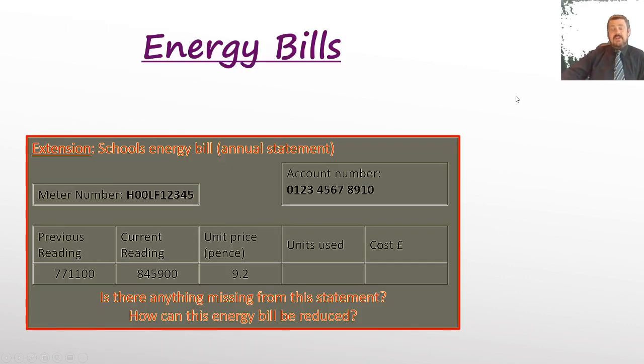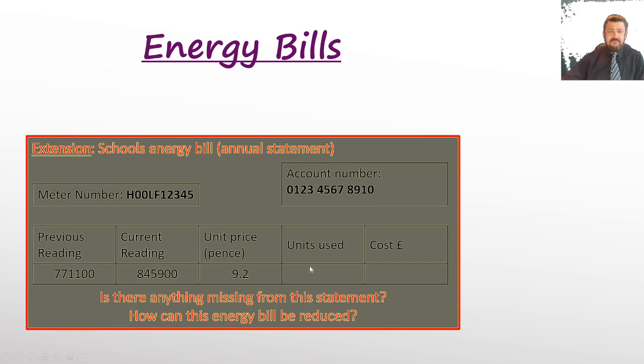So, how this will actually look in terms of energy bills when your electricity bill comes through the door is as follows. So what we have is a meter reading. We've got a previous reading, 771100, and a current reading of 845,900. Unit price, 9.2 pence per unit. Now, all we're going to do is use these in our equation.